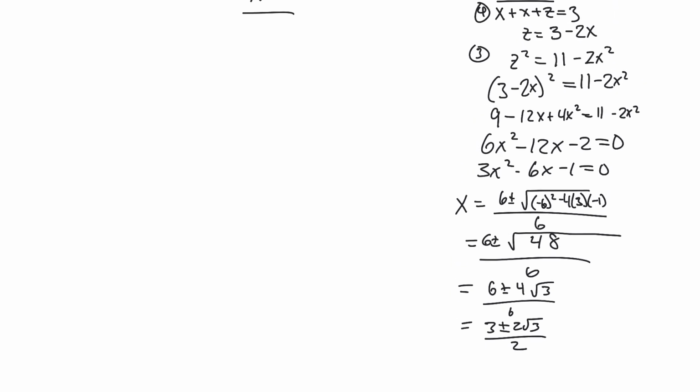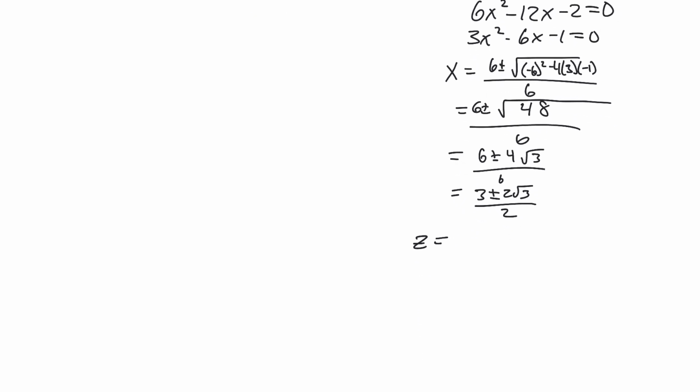So then we need z. If we work out z, we end up getting that to be... well, I'll leave it to you to continue down the path, but you've got the following points going down this path. For x and y being 3 plus 2 square root of 3 over 2, that ends up giving you a z of 3 minus 4 square root of 3 over 3.